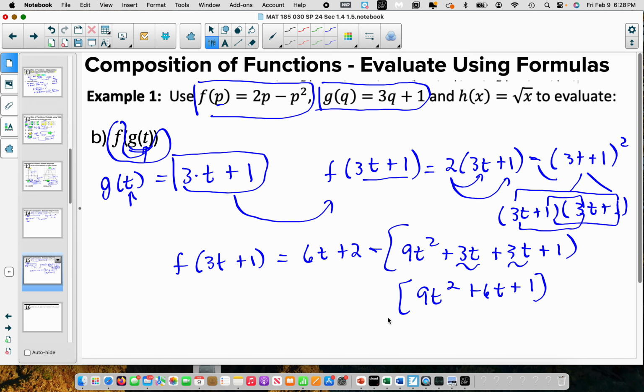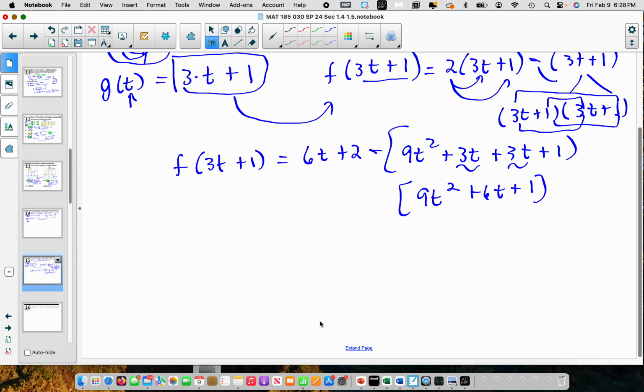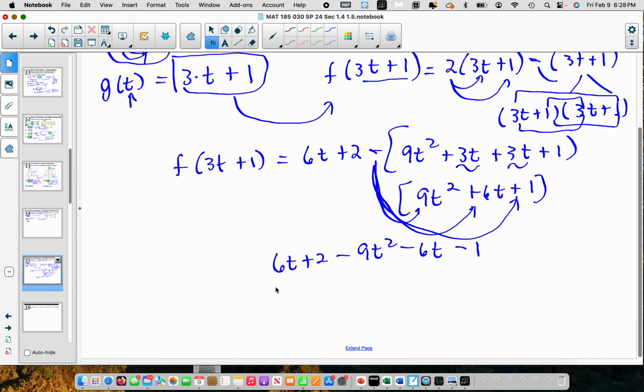I need to distribute that. All right, so this becomes 6t plus 2. I'm going to distribute that negative sign, minus 9t squared minus 6t minus 1. Okay, so now we have some terms that will simplify out.